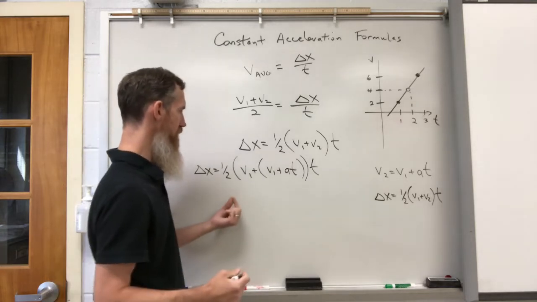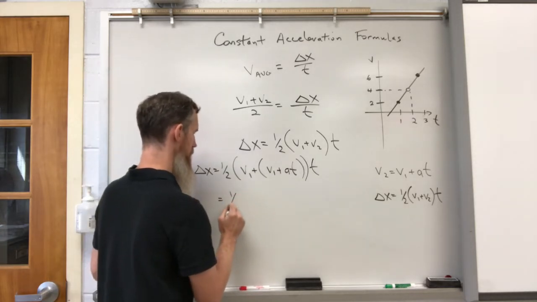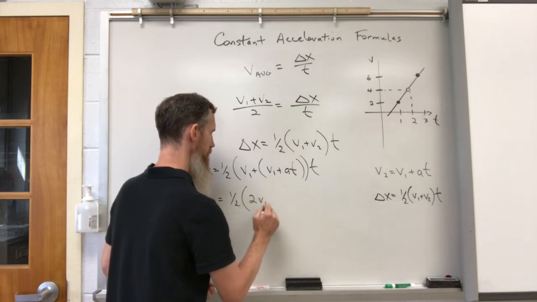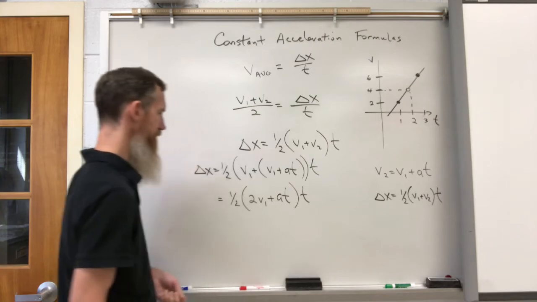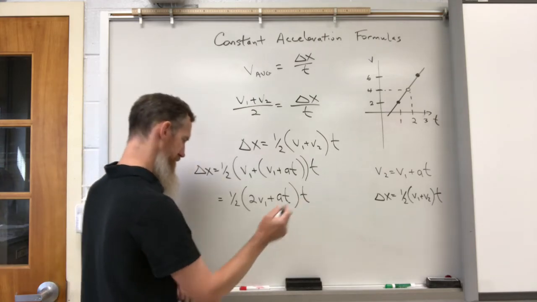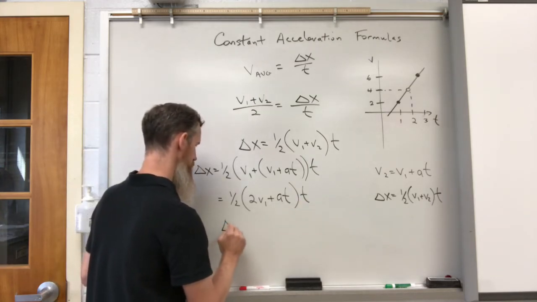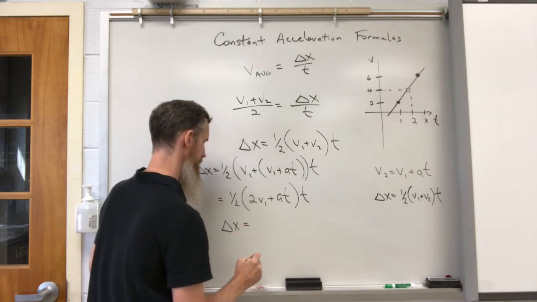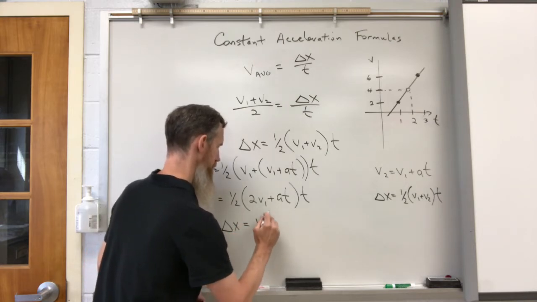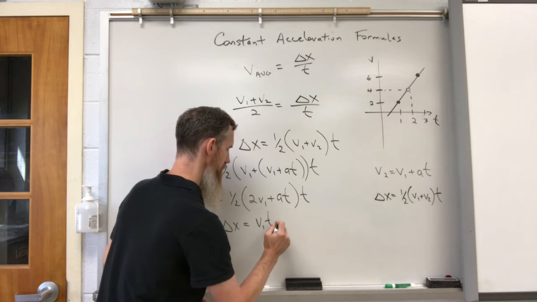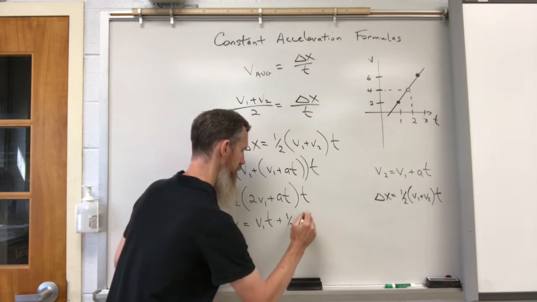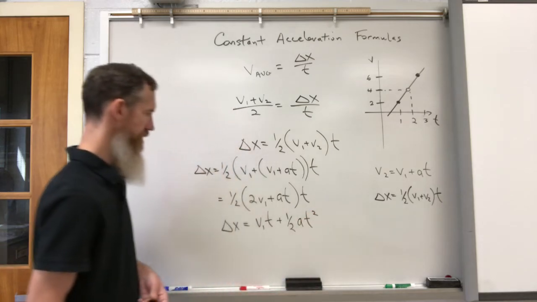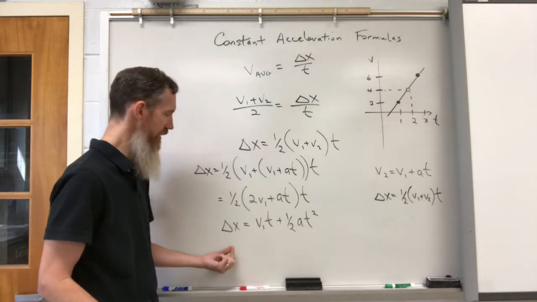And if I combine things, 1/2 (2v1 plus at) t, and I distribute the half and clean things up, and I distribute the t also, I end up with this formula.